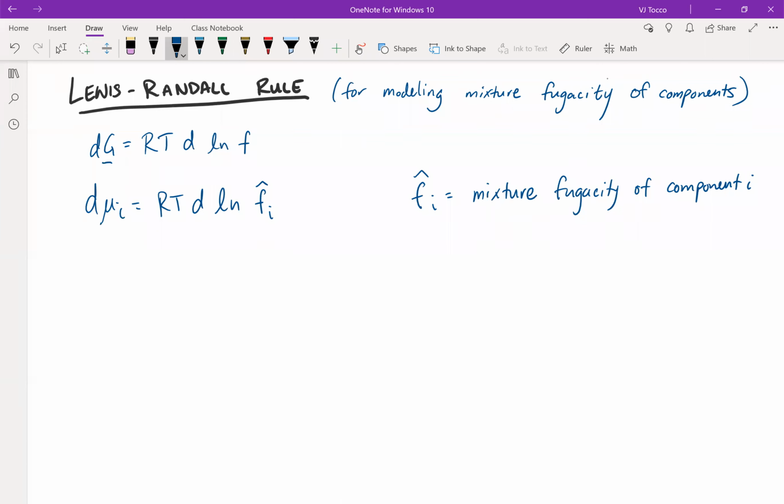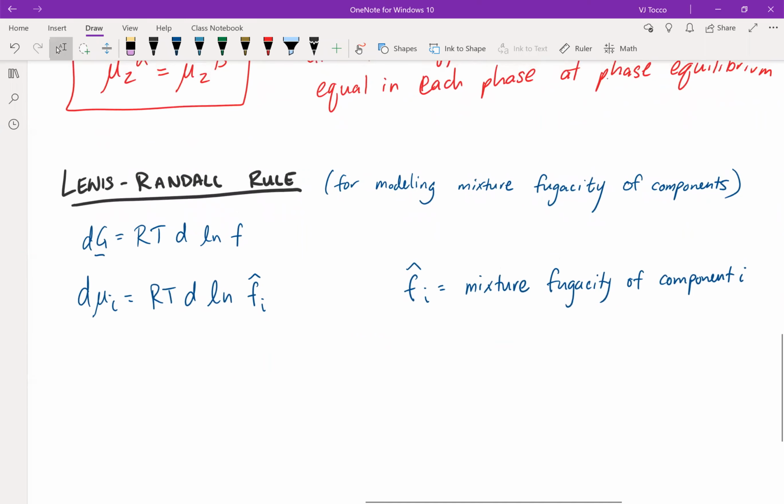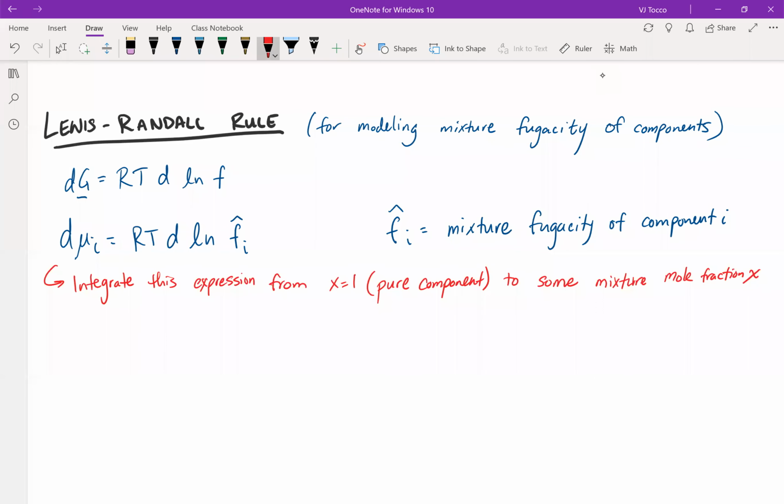Okay, so the next step in this derivation is you're going to integrate this expression from x equal to 1, which is a pure component i, to some mixture composition x. So what does that look like for this expression? I'm going to add my bounds of integration here.